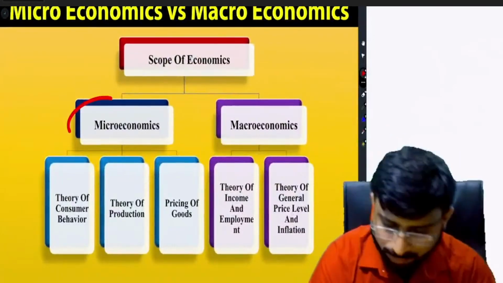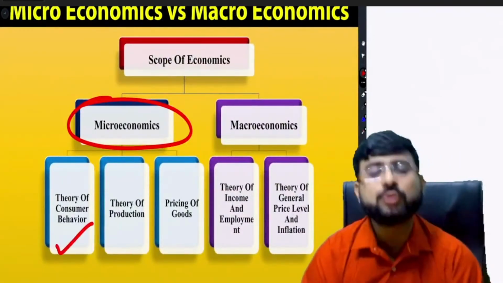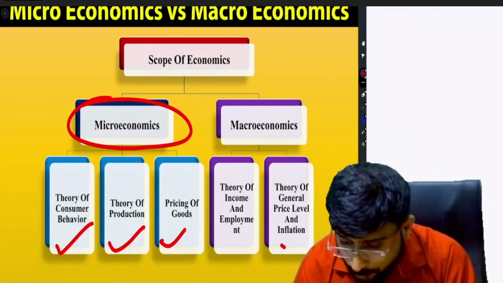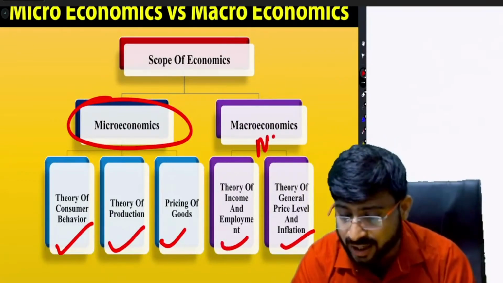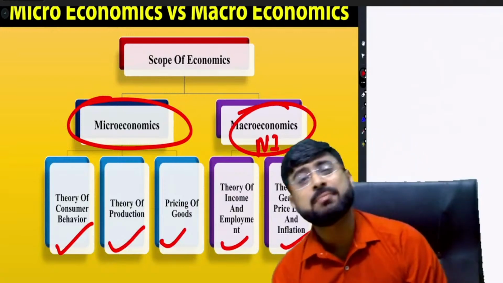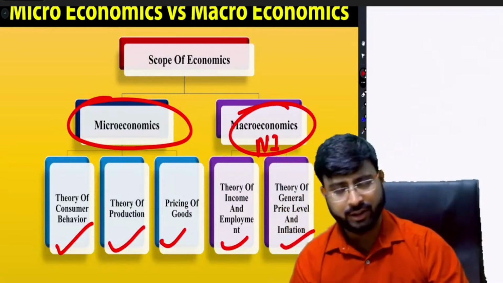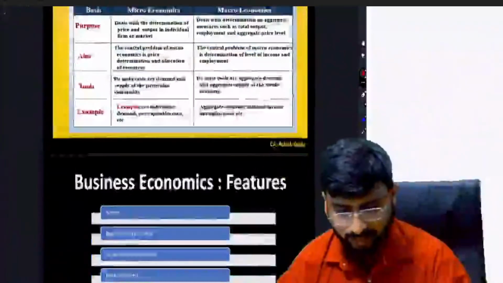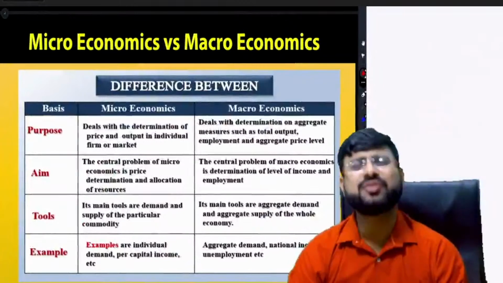When we talk about microeconomics, it deals with the consumer, the individual producer, and the pricing of goods. But when you talk about inflation, employment, and national income, that is the subject matter of macroeconomics. We have understood, sir. Right. So here is a brief difference.